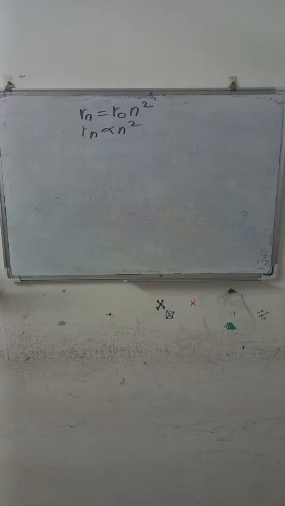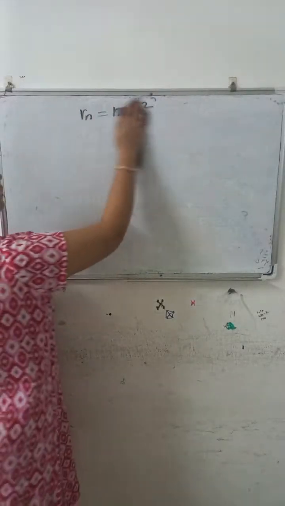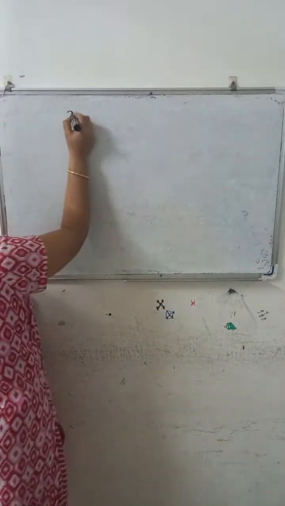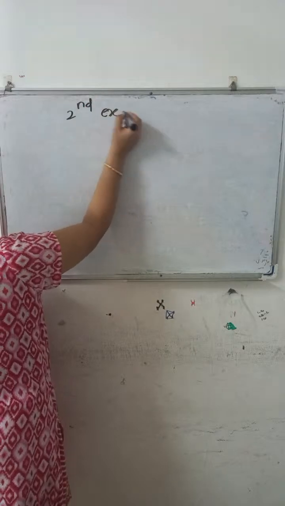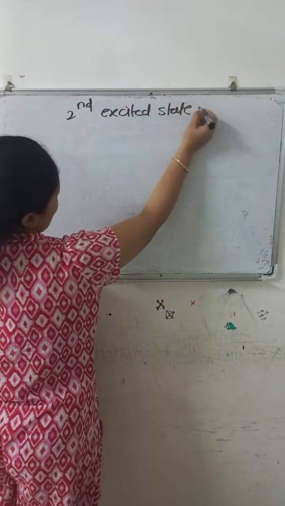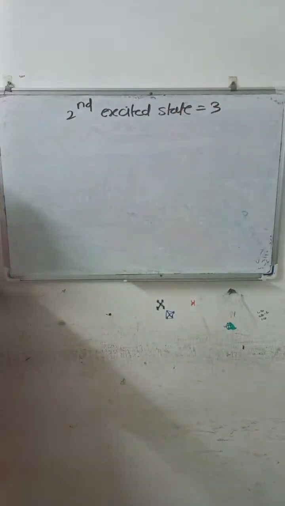Okay. So sometimes this question comes for 2 marks or sometimes for 1 mark also. So this is also a very important question. So here the potential energy of the electron in the second excited state. Whenever they are saying second excited state, that means we are taking n as 3, not 2.